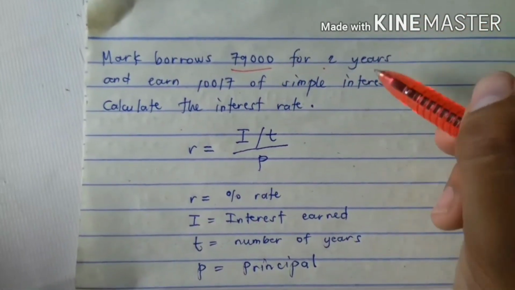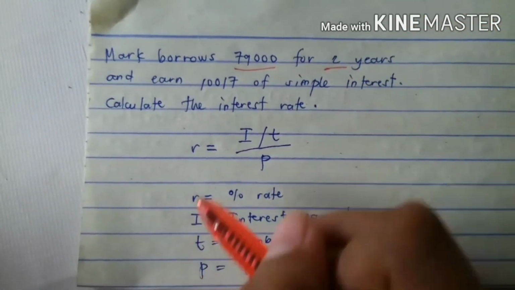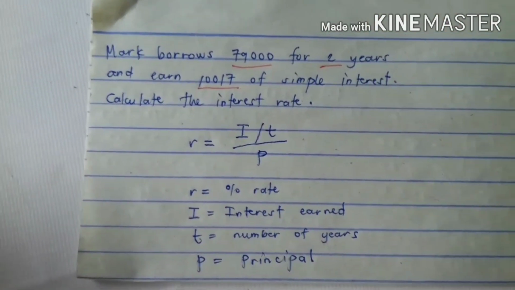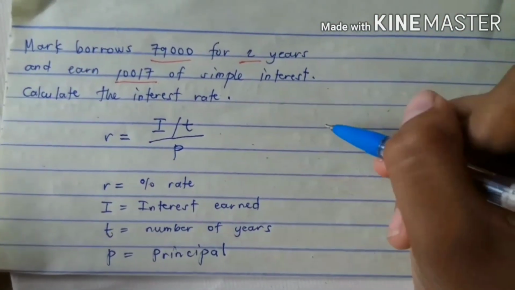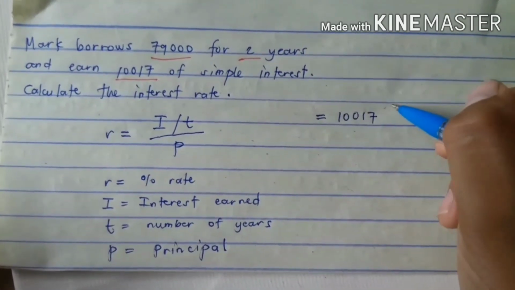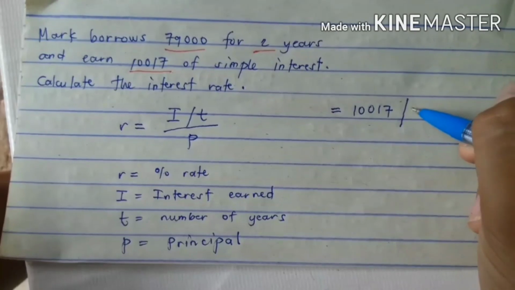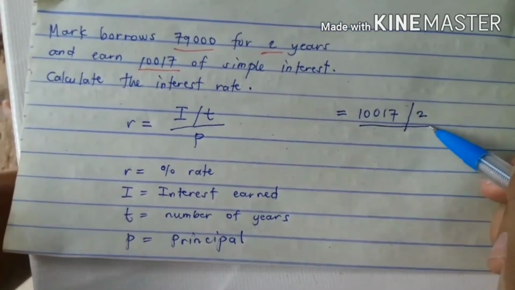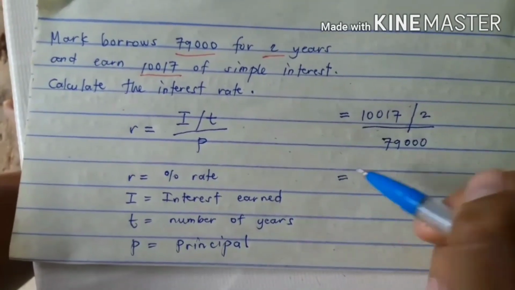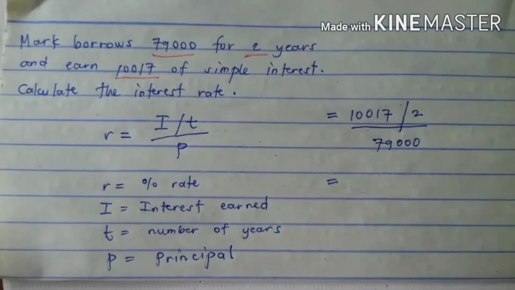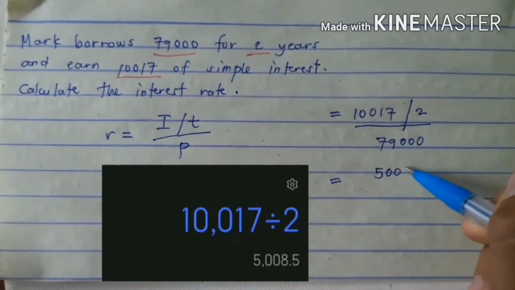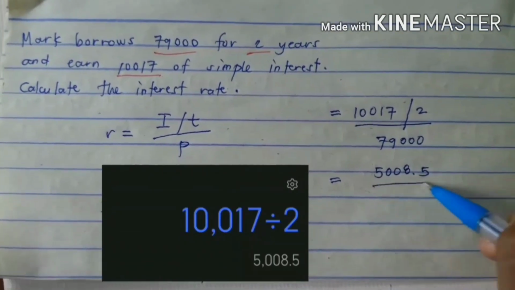$79,000 is the principal, 2 is the number of years, 10,017 is the interest earned. Then let's substitute. 10,017 divided by 2 divided by 79,000. We divide 10,017 by 2, we get the quotient of 5,008.5.